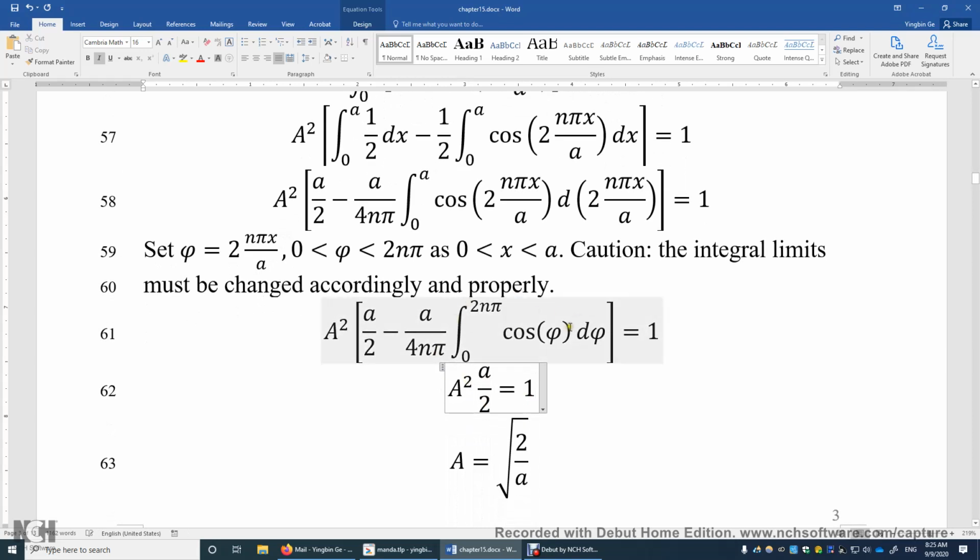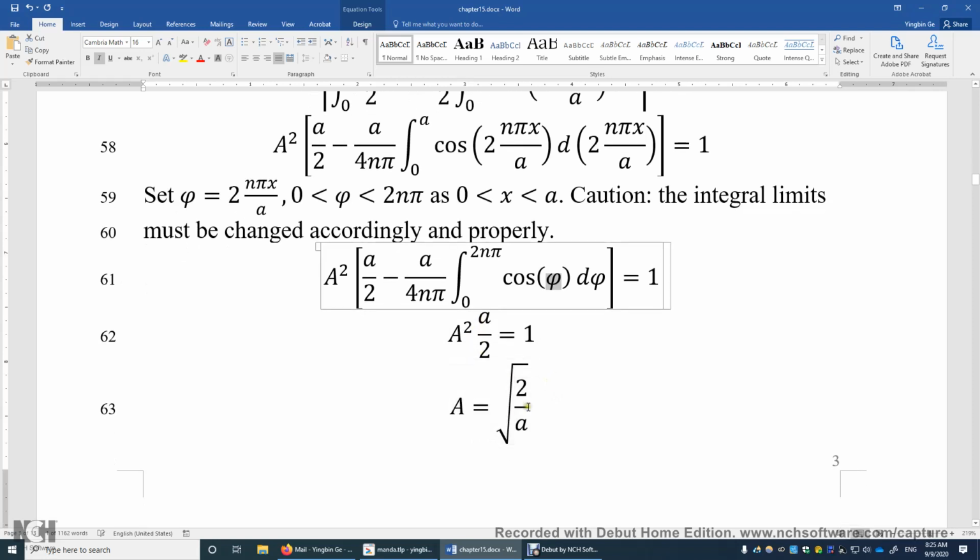Oh, actually, in this document, I set this phi to be 2 n pi x over a, but this is a dummy variable. You can use any variable here, z or phi or beta or whatever. So really, A squared times lowercase a over 2 is 1. A is the square root of 2 over a. So this value ensures the wave function is normalized.